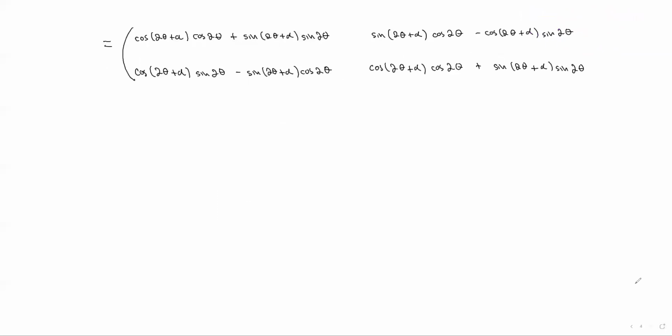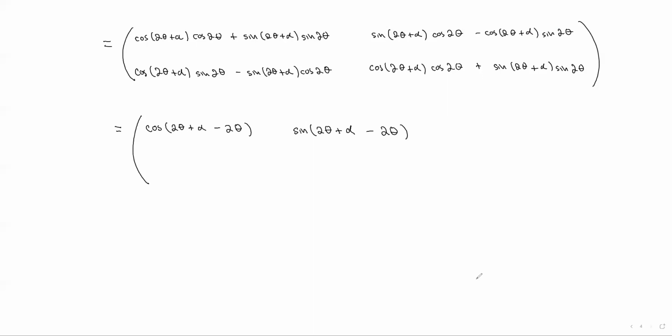Okay, so then again, one last application of trig addition formulas. So the top left is equal to cos(2θ + α − 2θ). The top right is equal to sine(2θ + α − 2θ), right?